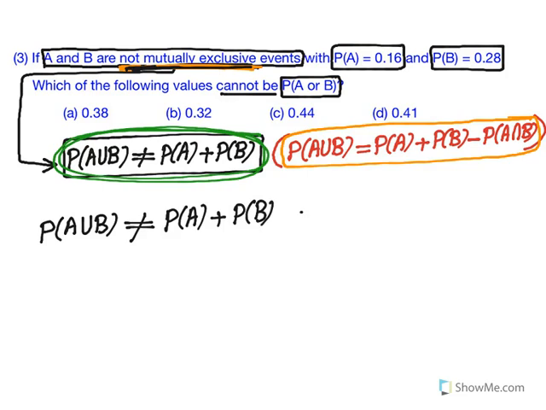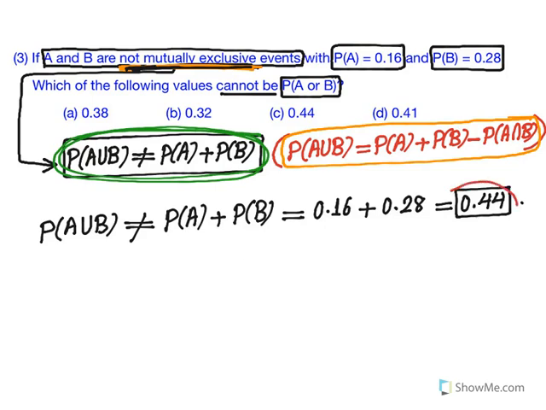If you sum the probability of A plus the probability of B, you'll get 0.16 plus 0.28, and if you add these up, you'll get 0.44. So this is the number that it cannot be. Let's choose a different color.